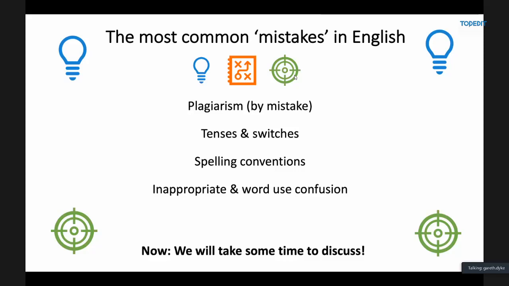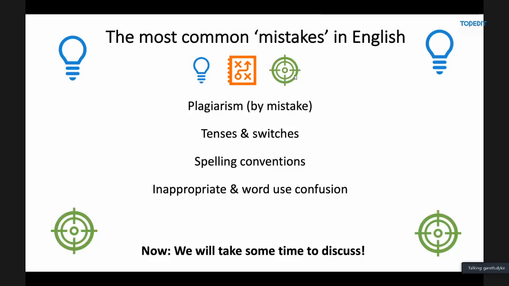They're unaware of how they should be citing the work of other authors, and they don't take advantage of services such as the ones that we provide at TopEdit to check documents before they get sent to journals to make sure there's no problem with the incorrect citation of the work of others. Talking about actual specific language mistakes, though, tenses and switches within sentences can be very confusing. People also often make mistakes with spelling conventions.